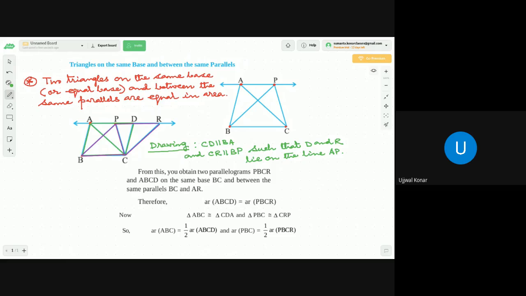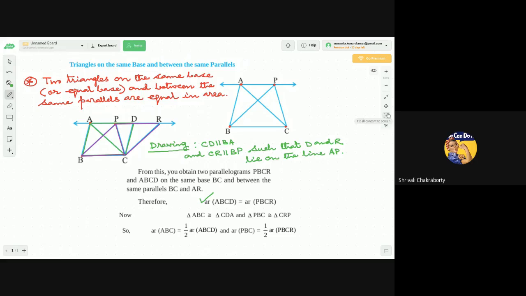Now we learned that the area of the parallelogram ABCD is equal to the area of the parallelogram PBCR, correct? As you see it here, we already proved it, no?